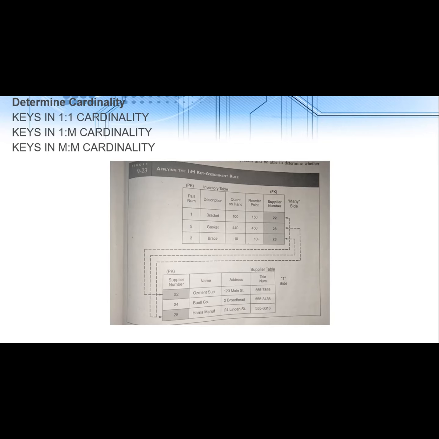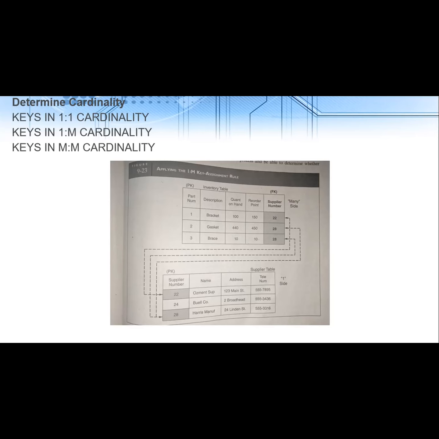In this example, a vendor supplies many different types of inventory, but each type of inventory is supplied by only one vendor. The one side primary key, supplier number, is embedded in the M side inventory table as a foreign key.